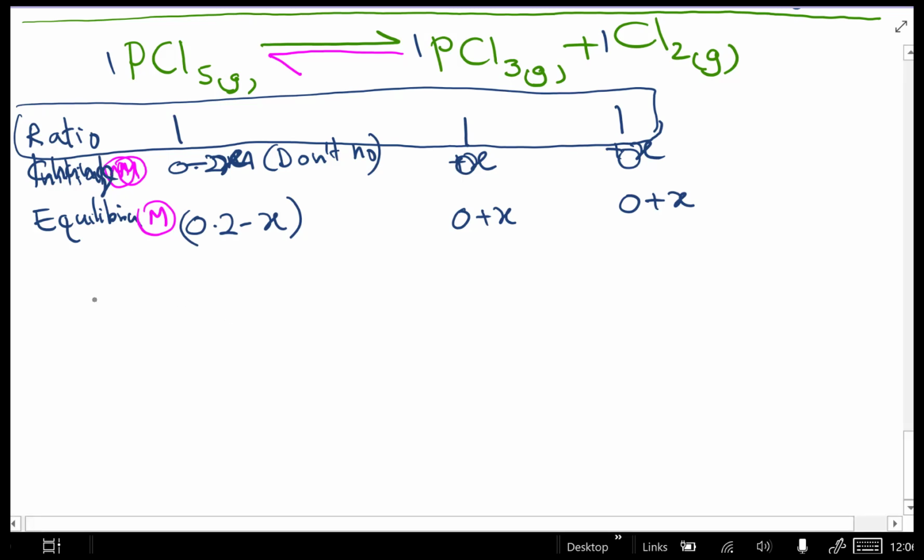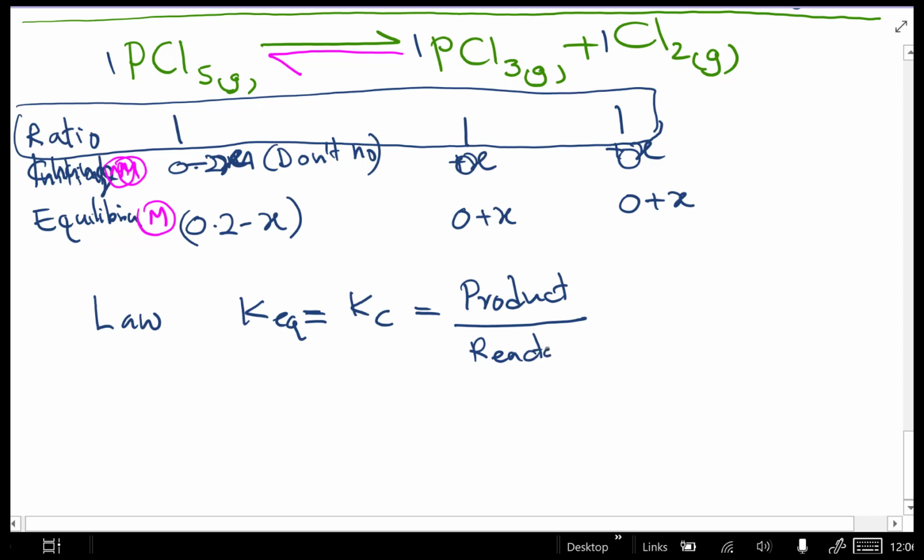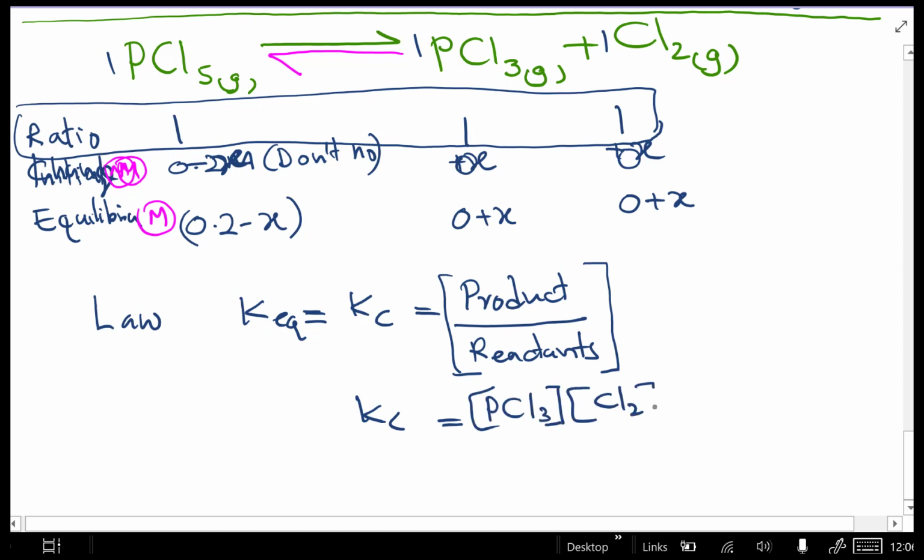Okay, this has a bit of a glitch again, but I think we can still write the equilibrium law, which is Keq, sometimes we call it Kc. That is product concentrations over reactant concentrations, or Kc is PCl3 times Cl2 over PCl5.